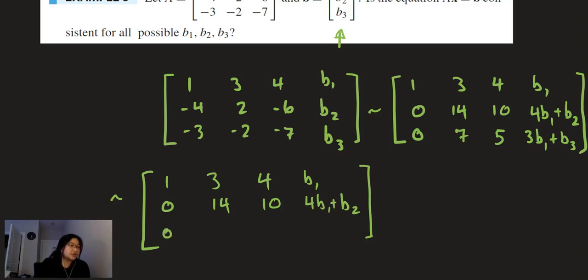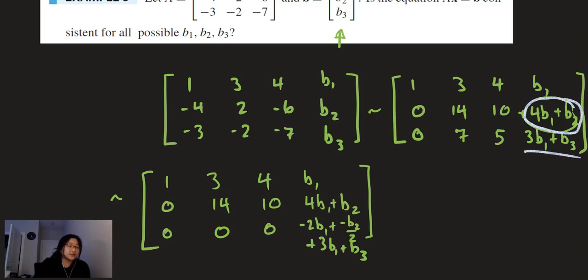So we get 0, 0, 10 times negative 1/2 is negative 5, so that gives us a 0 there, and oh no, this might not be 0. What is this? Negative 2 B1 plus negative B2 over 2 plus this 3 B1 plus B3, just taking negative 1/2 of this part and then adding it to row 3.